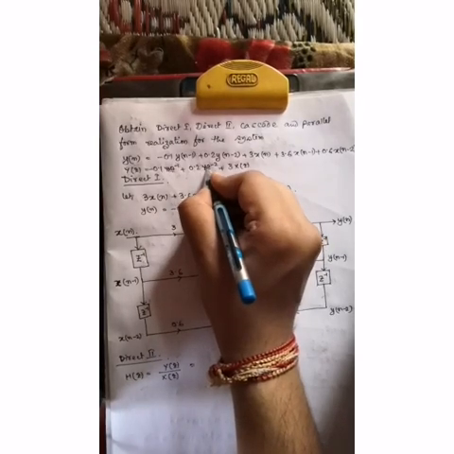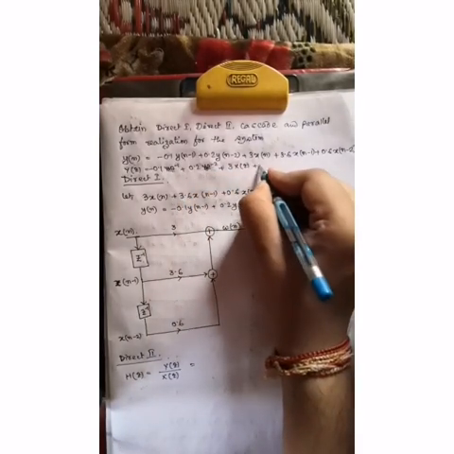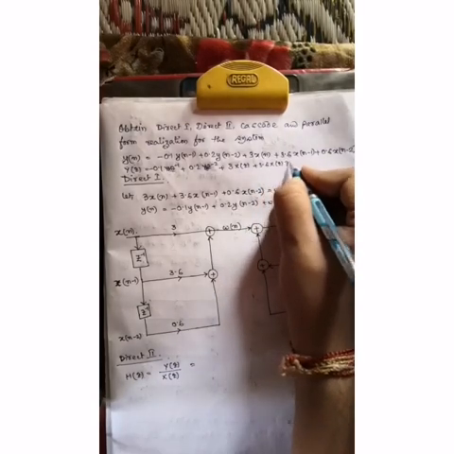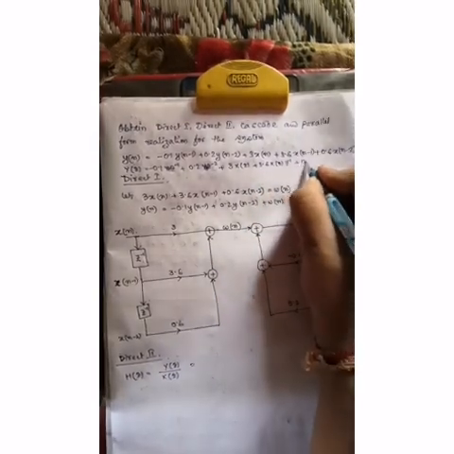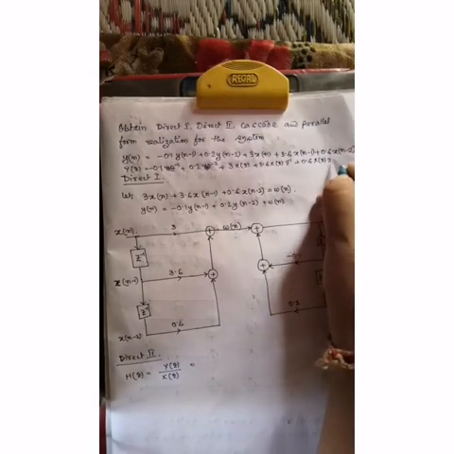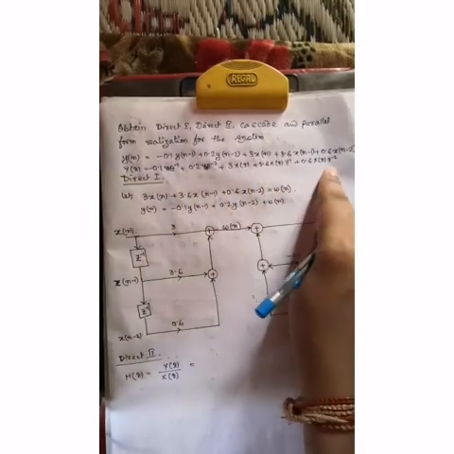It is Y(z) into z inverse plus 3.6 X(z) into z inverse plus 0.6 X(z) into z to the power minus 2. So we have to keep that in mind here.